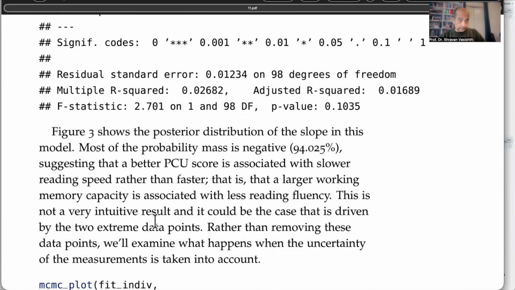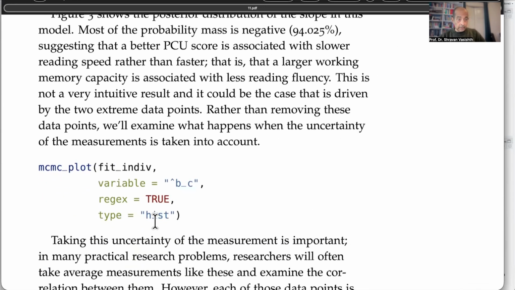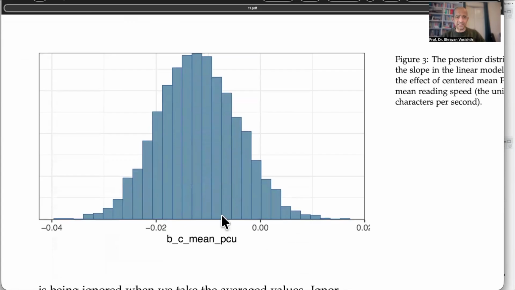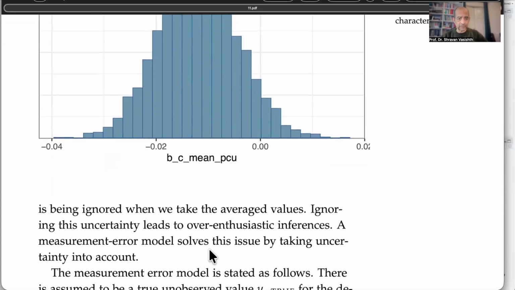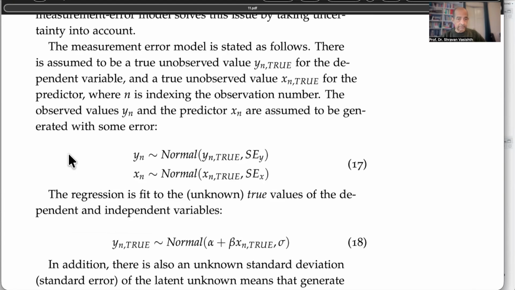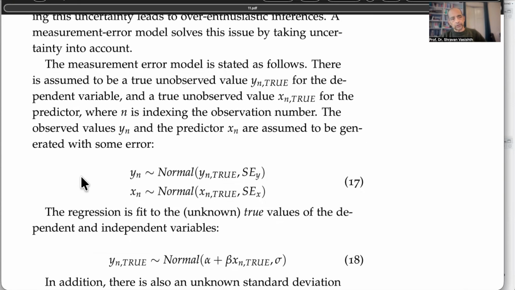And the posterior distribution looks like this, it's negative, largely negative. So you could maybe argue that yeah, there's some evidence for this kind of reduction in speed as a function of increasing memory capacity. What we're going to do though is we're going to take the standard errors into account, and this is very reminiscent of the meta-analysis that we just read.